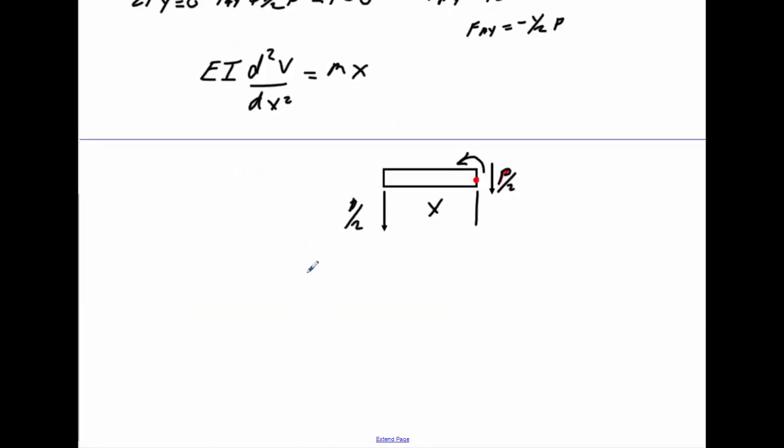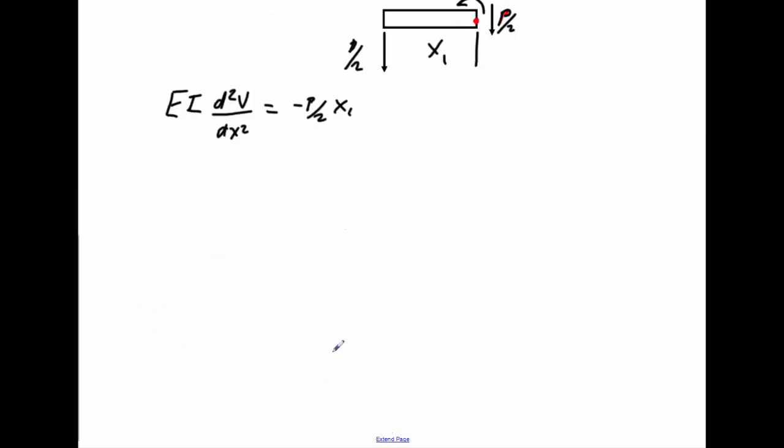So now we can rewrite this as EI times the d squared v over dx squared is going to equal minus P over 2 times some x1 value. We're letting this be x1, and that's going to cause the moment. Now all we're going to do is rewrite this as the second derivative of v equal to minus P over 2 x1.